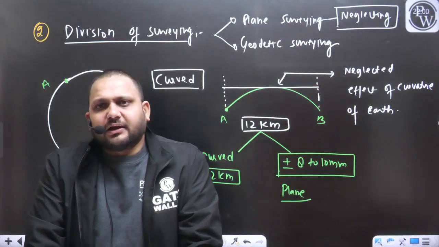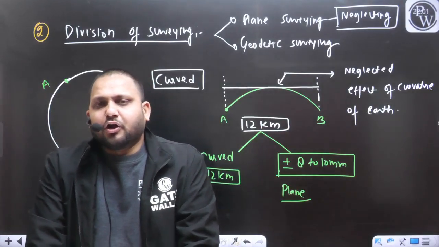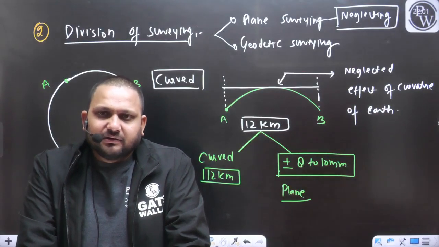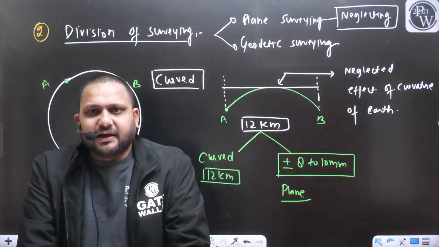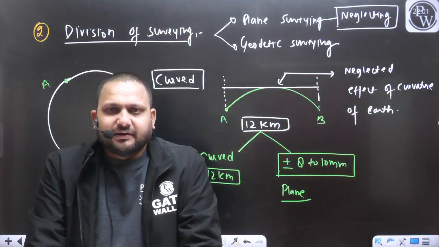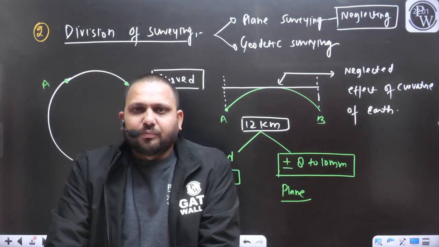So how can I calculate that in plane survey there is an error of only 10 mm? You need not calculate, dear. I think you missed that part. When I mentioned this data, I said it is an observation. It has been practically observed, not measured by you.